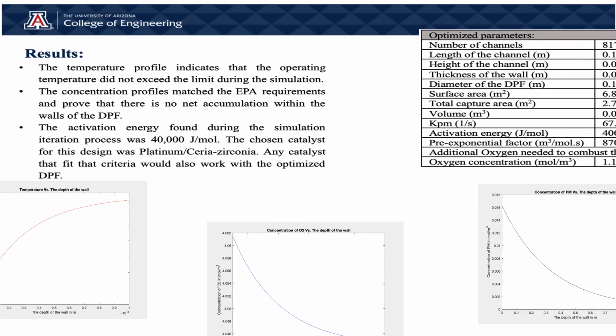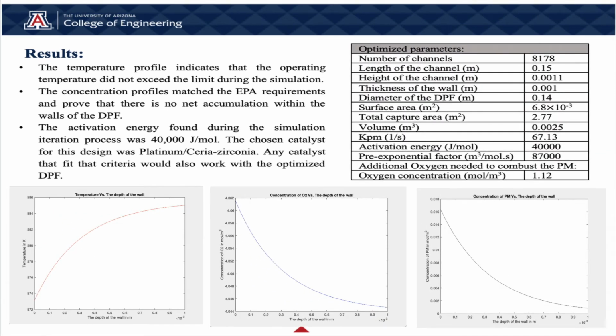After running the simulation software, three graphs were generated and analyzed. The temperature profile indicates that the design operating temperature was at 585 Kelvin and did not exceed the 773 Kelvin operating temperature limit. The concentration profiles of PM and oxygen match the EPA requirements and prove that there is no net accumulation within the walls of the DPF.